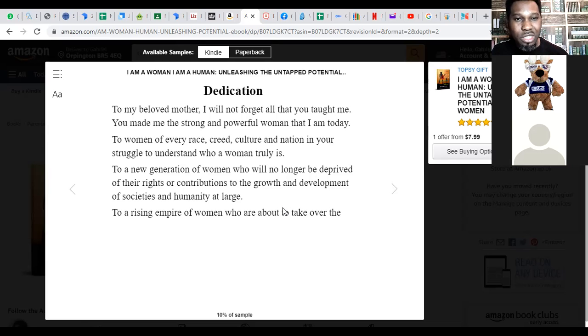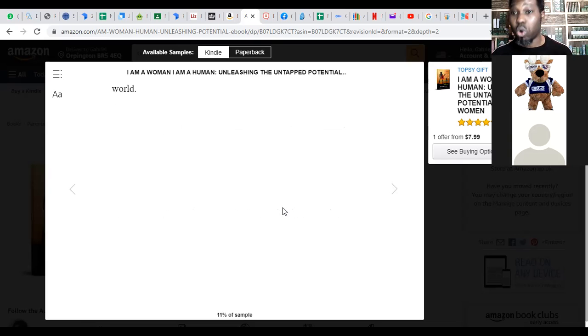And then she went further to say, "To a new generation of women who will no longer be deprived of their rights or contributions to the growth and development of societies and humanity at large. So a rising empire of women who are about to take over the world." You see, so she dedicated the book to her mother and then to all women. Yeah, you can do that. You can dedicate your book like that also.